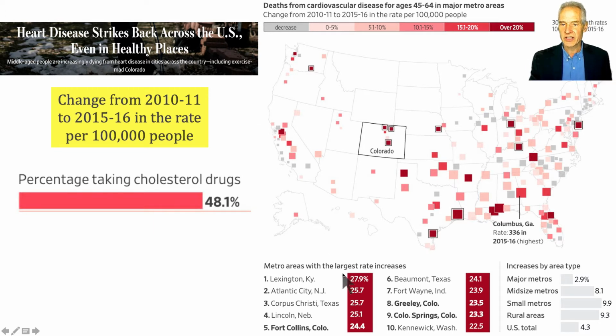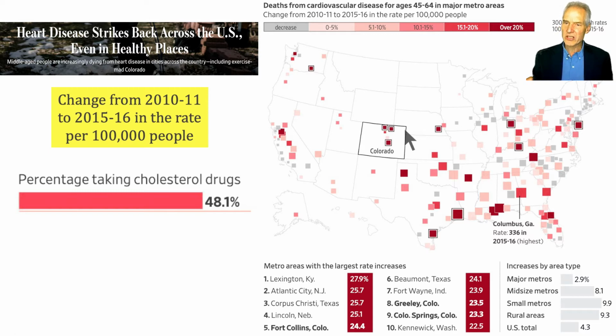If we look at Lexington, Kentucky, there was a 27.9% increase from just 2010 to 2015. The major metros, it's up. Rural areas, it's up. But importantly, even in healthy areas where you think, oh, these people are active and outdoors, heart disease mortality is on the rise, not on the decline.